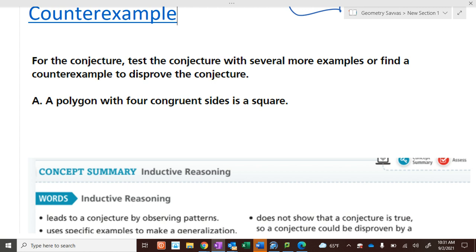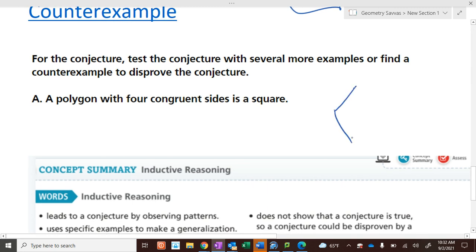What do you think, Tate? Not all parallelograms have 4 congruent sides, so we can't just say a parallelogram. I just wonder if there's something that has 4 congruent sides. A rhombus has 4 congruent sides. And is a rhombus a square?